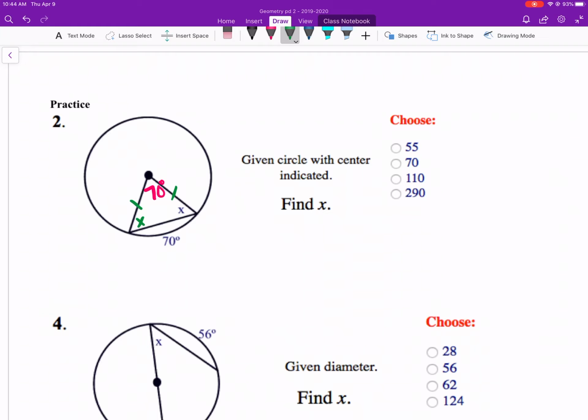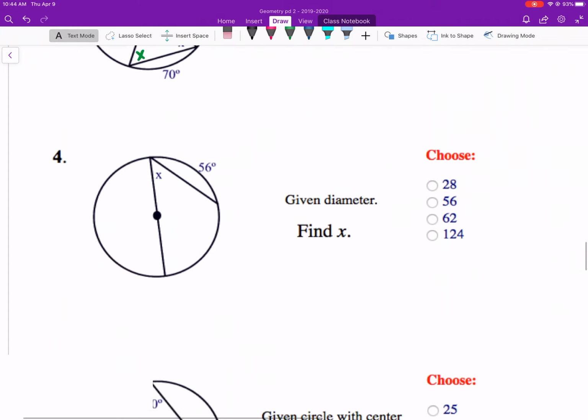So we would have x plus 70 is equal to 180 degrees. We have three angles of a triangle. Basically, we just made an isosceles triangle in there. You can solve that and you would end up with 55. First choice. We had to know that the central angle was equal to the intercepted arc.